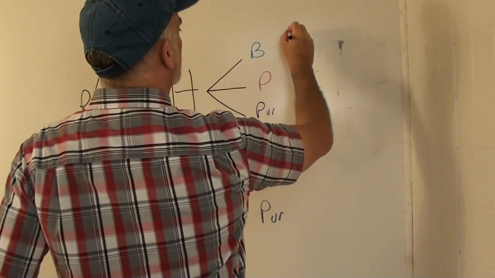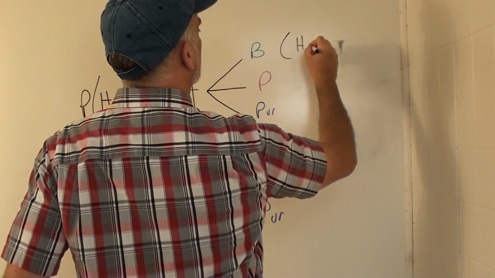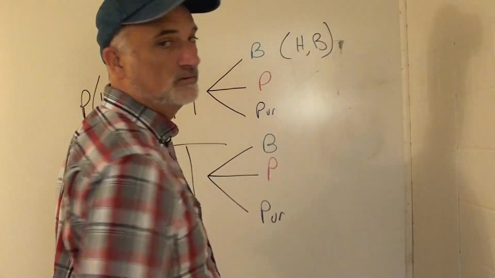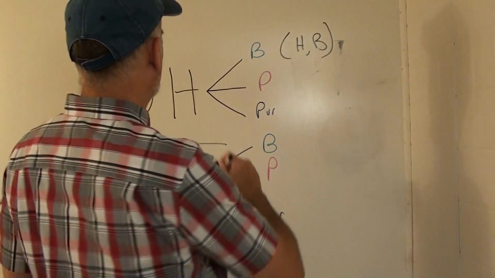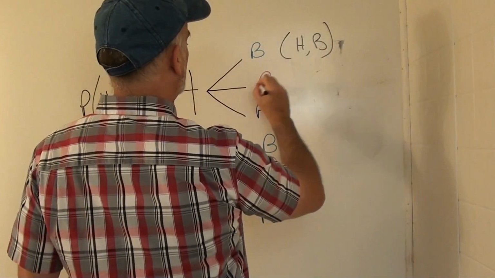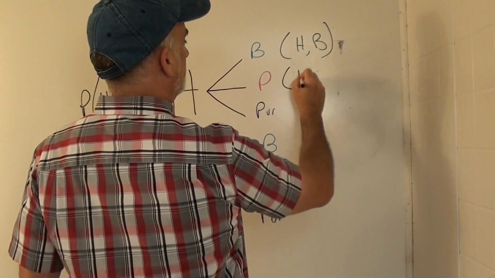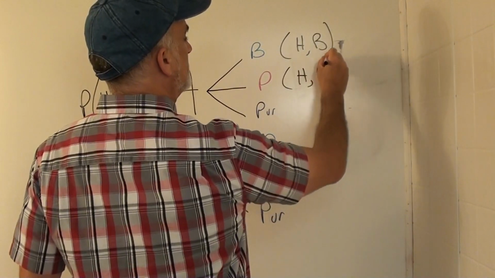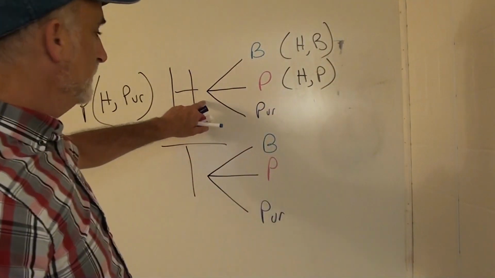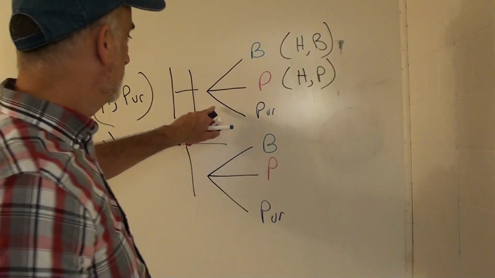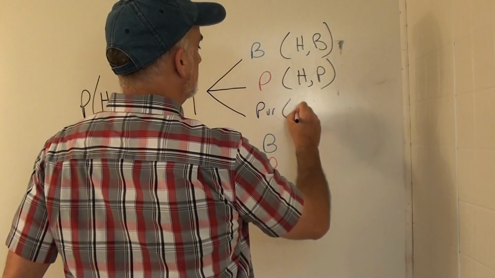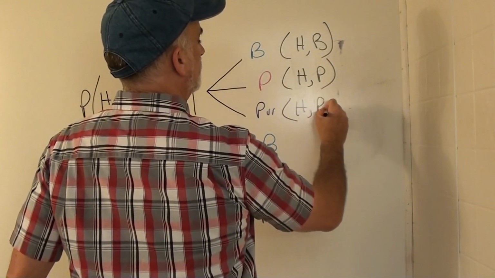So here we could get a heads and a blue. Okay? The second outcome, we could flip a heads and then spin a pink. We could also flip a heads and then spin a purple.